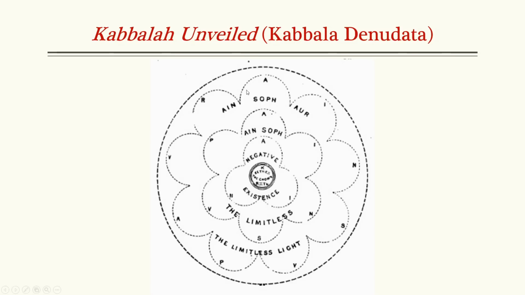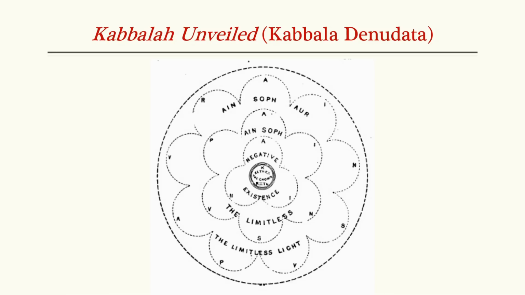The outer circle here would represent, well, let me see, maybe you could say the outer circle would be that inhalation. And then first there's the negative existence, A, I, N. Then the limitless, Eyn Soph. From that, Eyn Soph Aur. And in the very center of all of these emanates Keter, the crown, the very first.